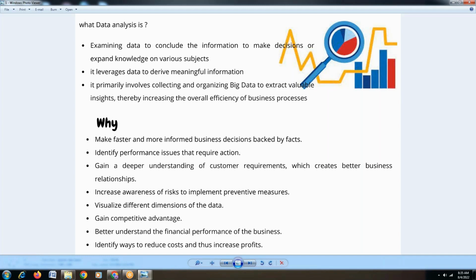Next, we can visualize the different dimensions of the data using popular data visualization tools like Power BI and Tableau, by preparing reports and so on. That is also part of it.